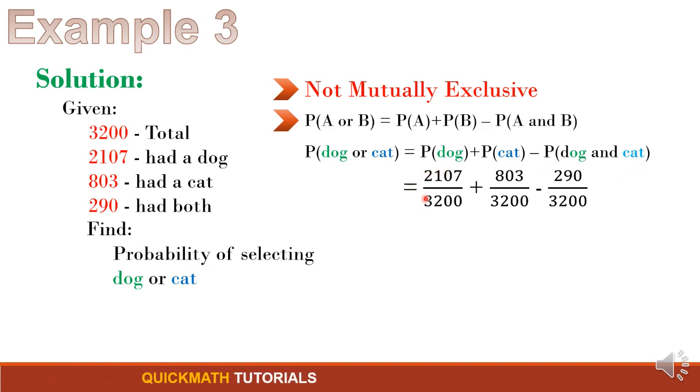which is equal to the probability of getting a dog is 2,107 because there are 2,107 households had a dog over 3,200 because that is our total, plus the probability of getting a cat is 803 over 3,200. 803 because we have 803 households who had a cat, minus the probability of dog and cat.